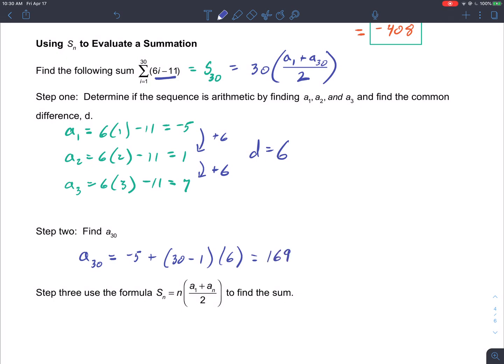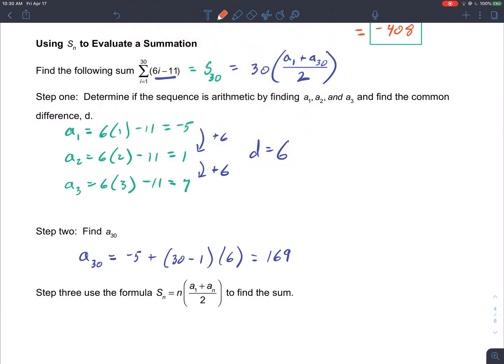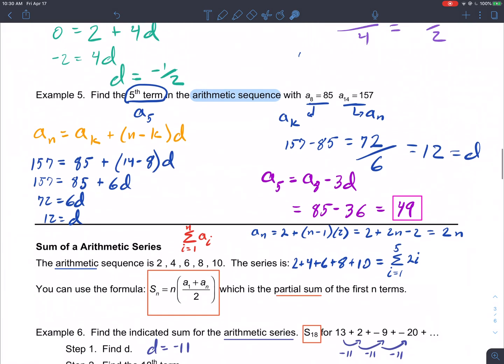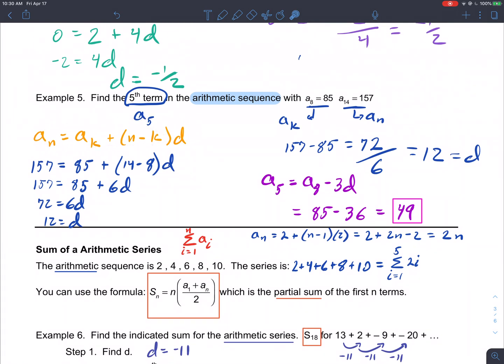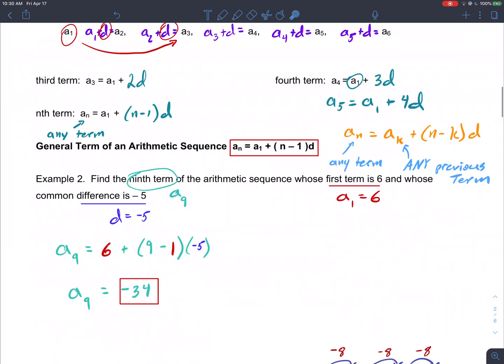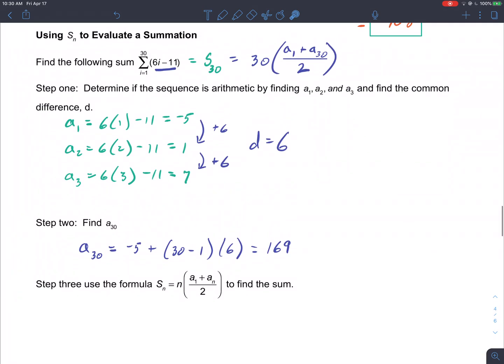Just as a little side note, I didn't have to use that standard formula, and by this point, I hope that this is standard. That formula is the same as the a sub n term. Let me back up, there we go.